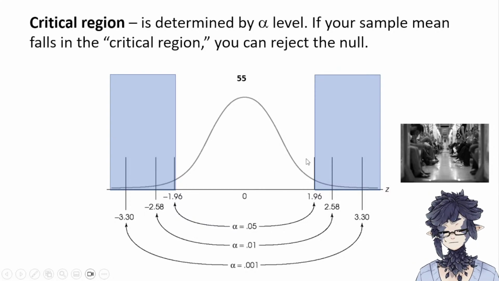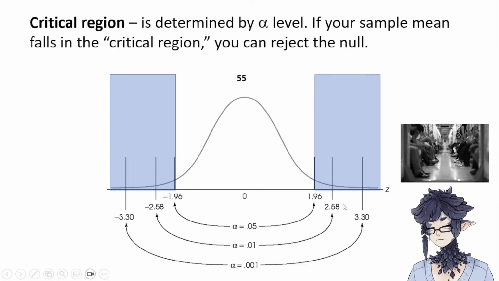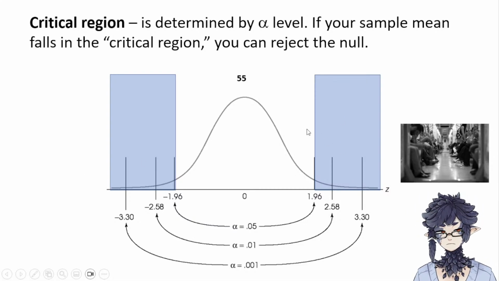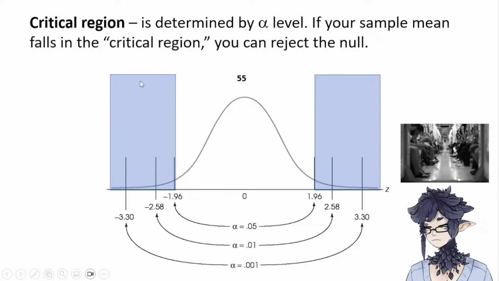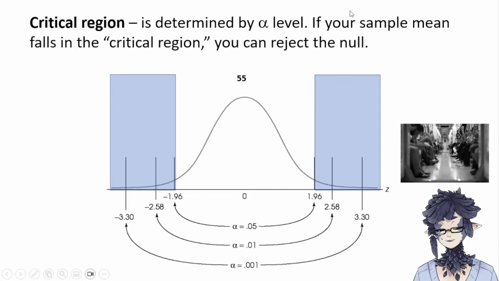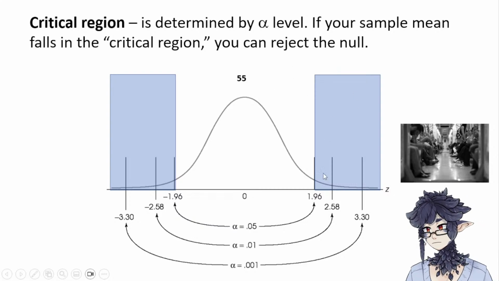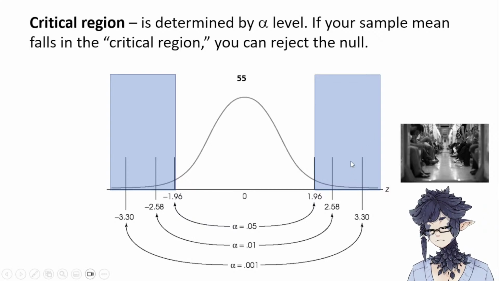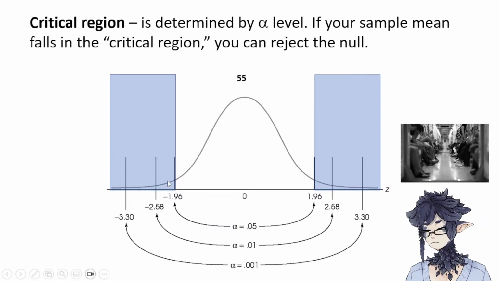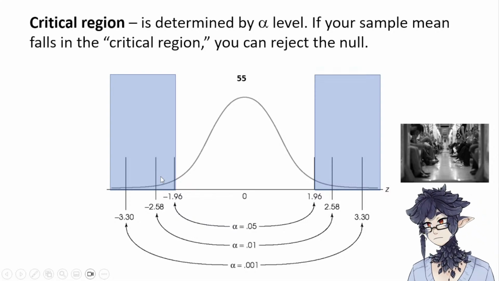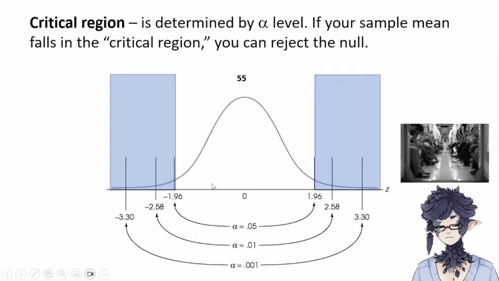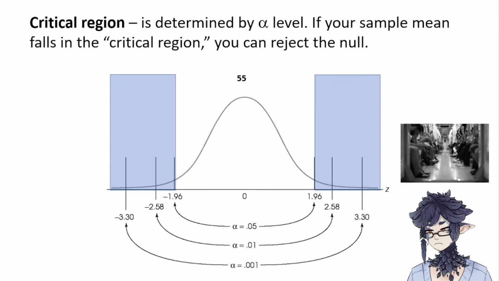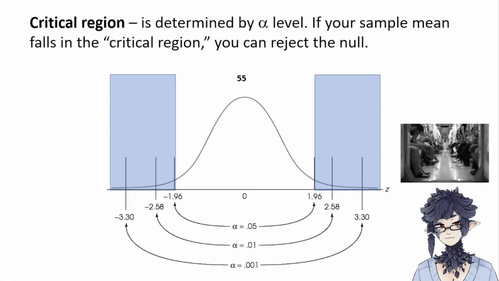If you're using an alpha of 0.05, that means you are beyond 1.96 standard deviations in either direction, assuming that you're working with population data. It would be highly unlikely for your sample to have a z-score further from 0 than positive 1.96 or further from 0 than negative 1.96 if the null was true. With an alpha of 0.05, there's less than a 5% chance that you would have randomly selected a sample with a sample mean that far away from the population mean if the null was true.